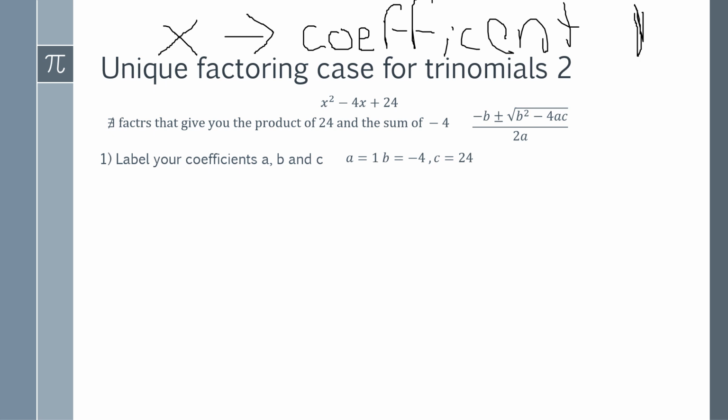So now you just have to put the numbers in the formula. See what happens? I just plug in all the numbers. And that's what you're supposed to do.